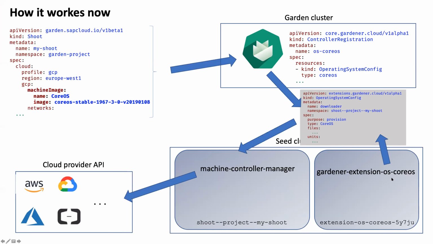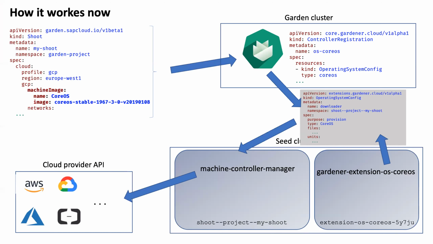Yeah, so the CoreOS extension controller does not know anything about the machine controller. It just knows about the CRD resource here. Right. So how does the machine controller get the image and other details? That is provided by the Gardener, as it is today. Gardener has a flow, and it has an opinion on how the shoot clusters are created. In this case, it has the opinion that it needs to be done by the machine controller. So it controls how the information flows between the different components.